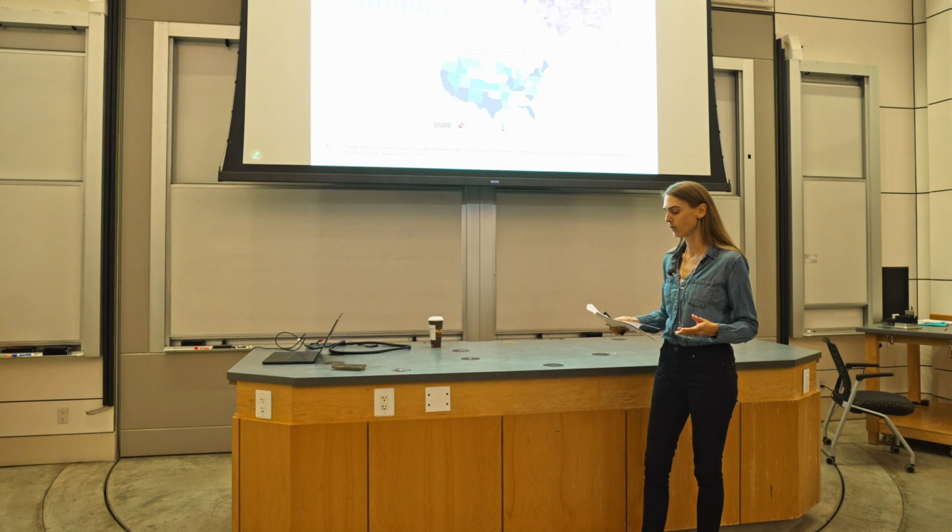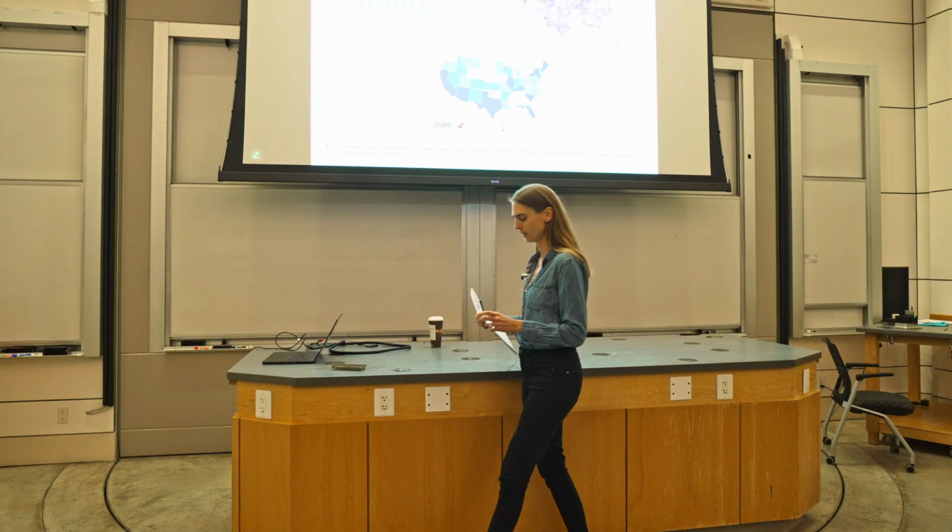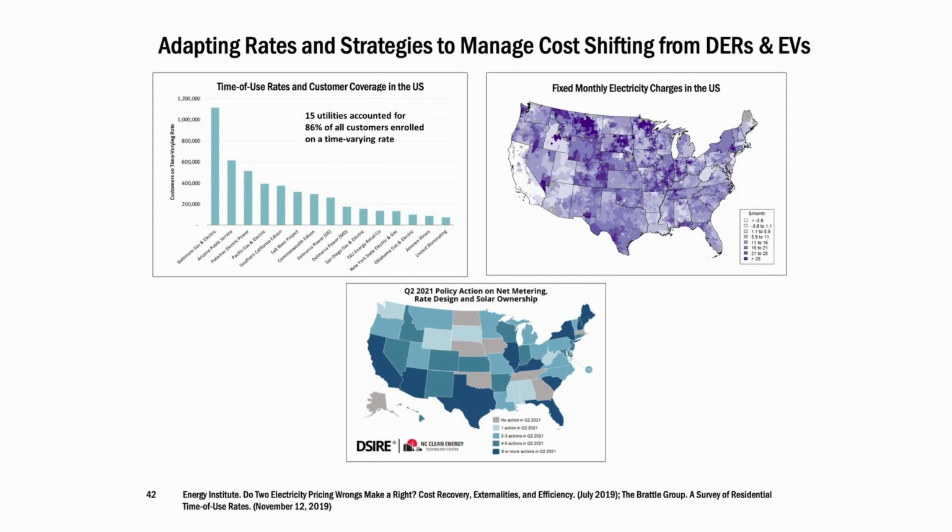But what we've seen over the past several years is utilities kind of fight back and adjust rates so that rooftop solar customers are paying for use of the transmission and distribution system through things like fixed costs or changes to net metering rates, or even just changes to retail rates like time of use pricing.